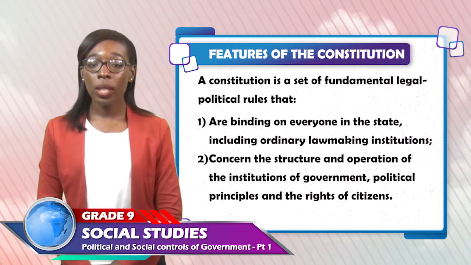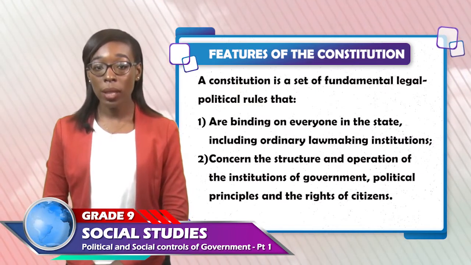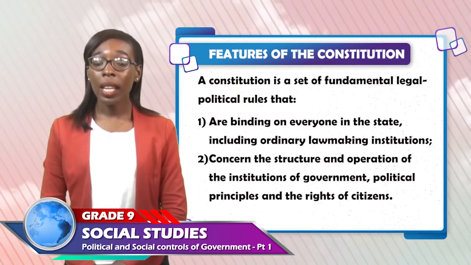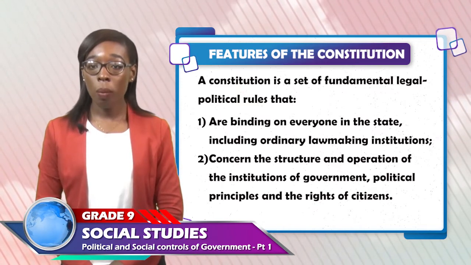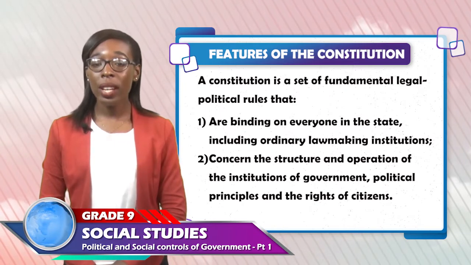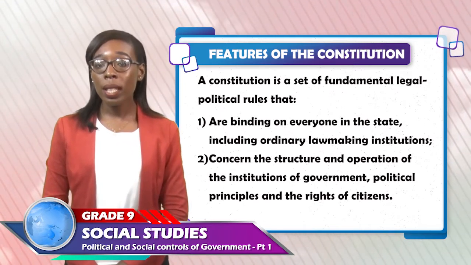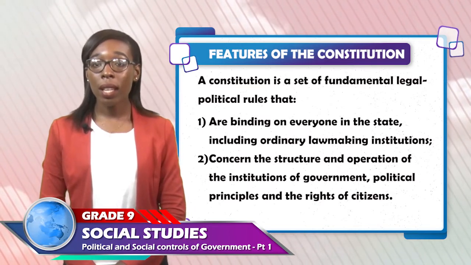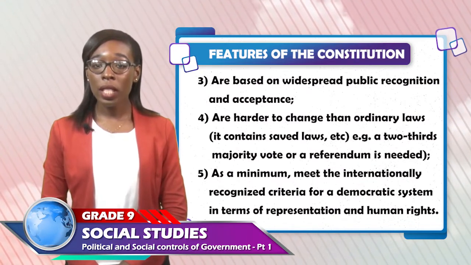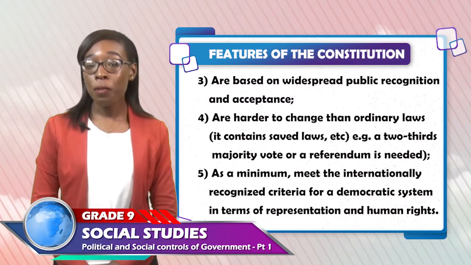A Constitution is a set of fundamental legal political rules that: 1. Are binding on everyone in the state, including ordinary lawmaking institutions. 2. Concern the structure and operations of the institutions of government, political parties, and the rights of citizens. 3. Are based on widespread public recognition and acceptance. 4.